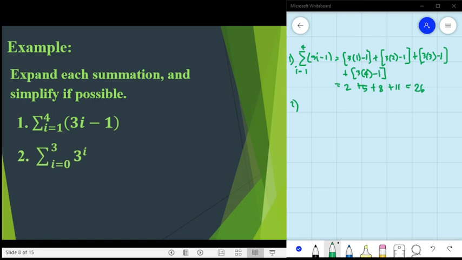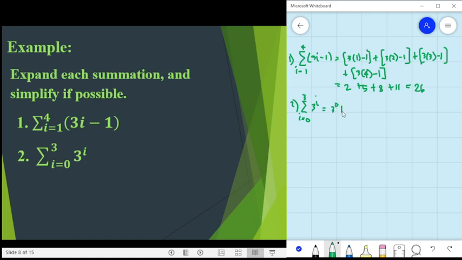Okay, it should be the sum of 3 to the power of i, wherein i runs from 0 to 3. So this would be equal to 3 to the 0 plus 3 to the 1 plus 3 squared plus 3 cubed. And 3 to the 0 is 1, since any number raised to the 0 power is equal to 1.